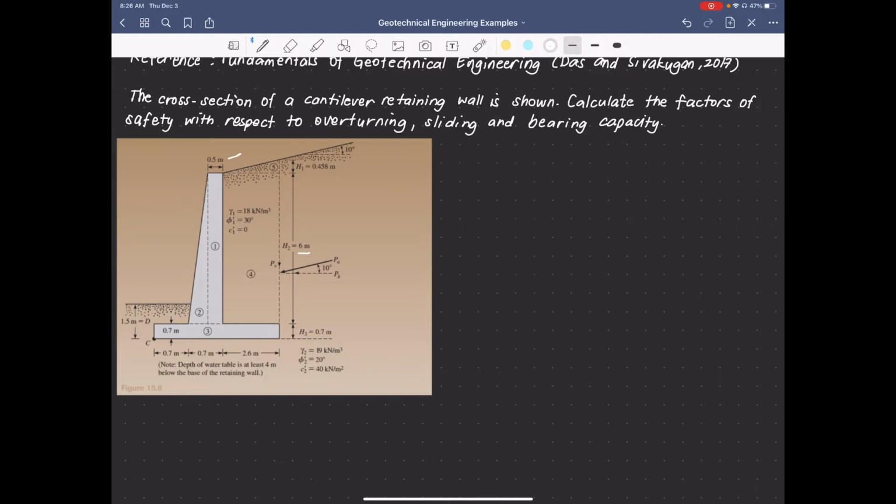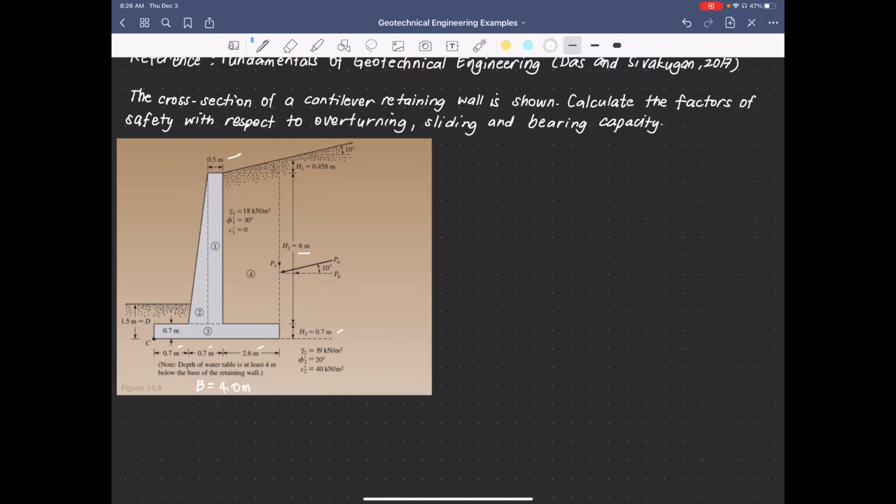We also have the height of the basement of 0.7 meters. We also have the base, which is given to be a total of, we have 2.6 here, 0.7 and 0.7. The base is about 4 meters.